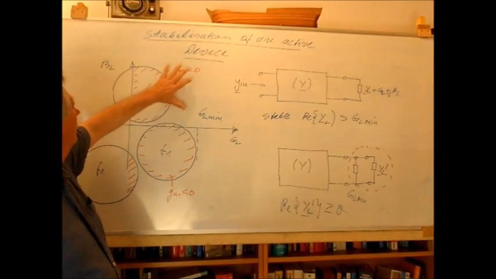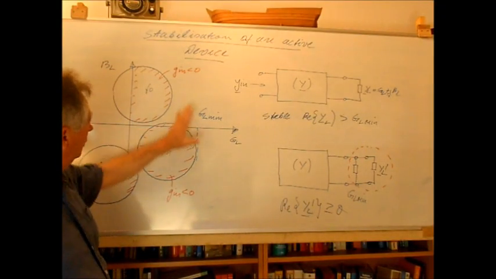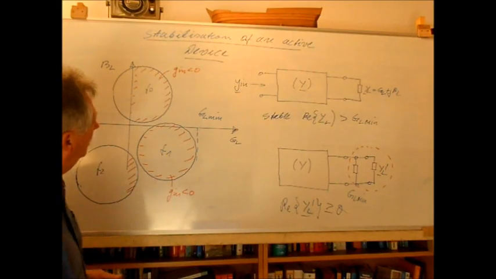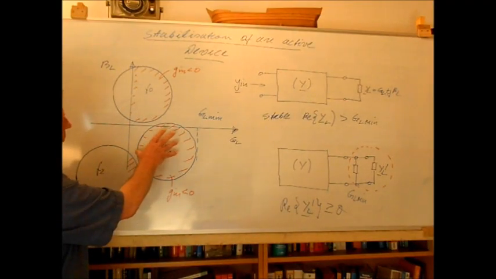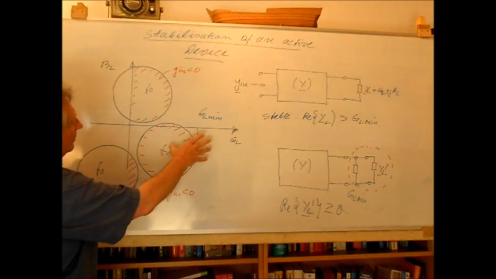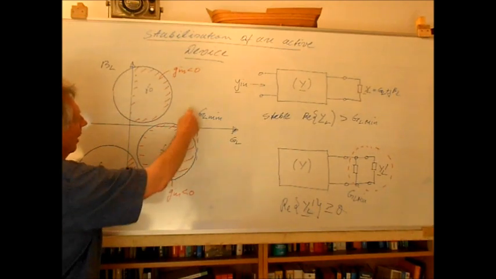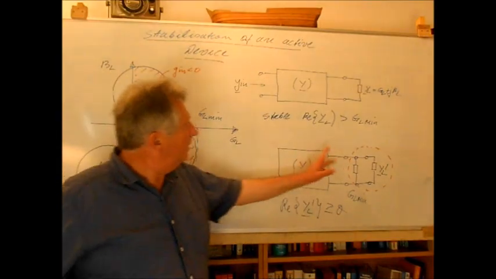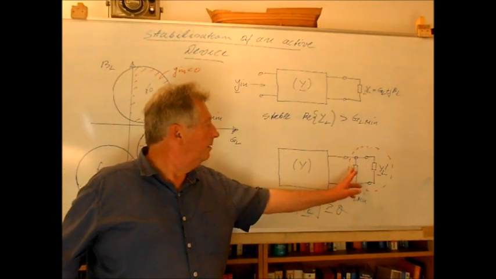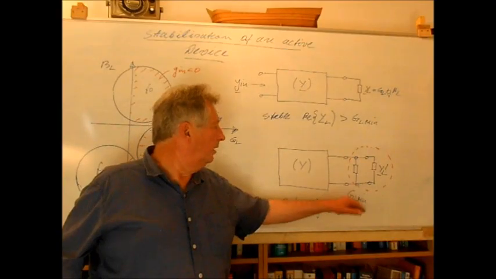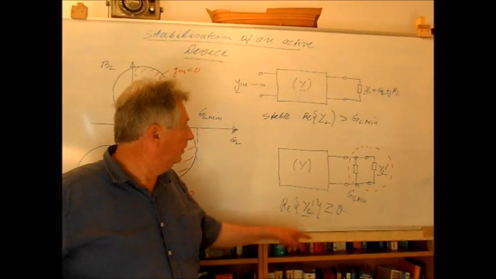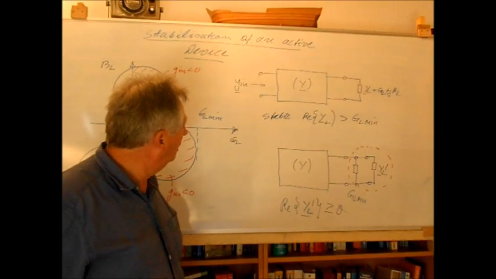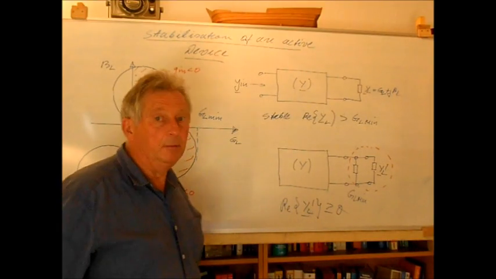We have the stability circles which move in the load plane, and the stability circle which reaches farthest into the load plane will define a GL min, and if we put this GL min at the output, then we will move the stability circle. This will be seen with the help of the simulation tool.